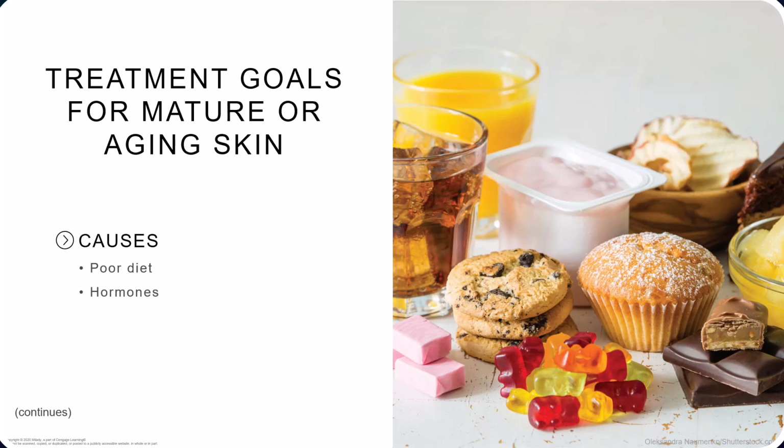Hormones are also a really big cause of changes in the skin. As we age, the body is going to produce lower levels of hormones, and the ability of the hormones to communicate messages is going to decrease.